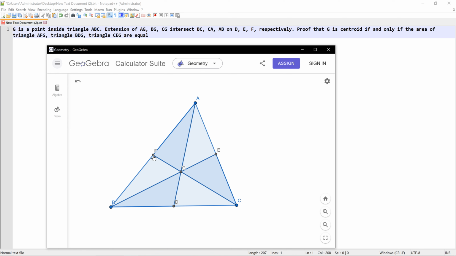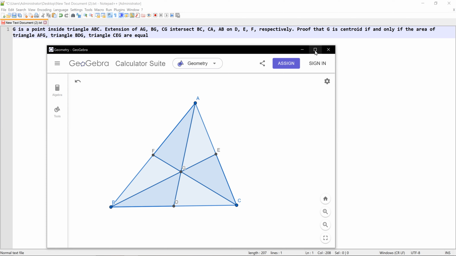Prove that G is the centroid if and only if the areas of triangle AFG, triangle BDG, and triangle CEG are equal.